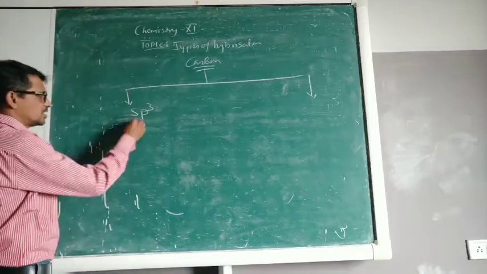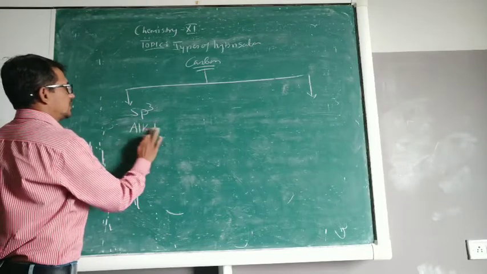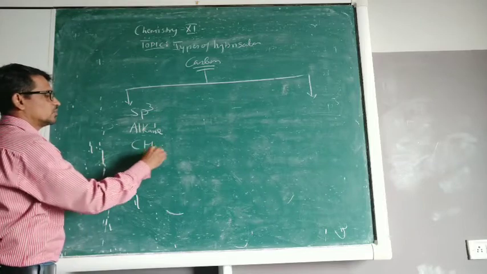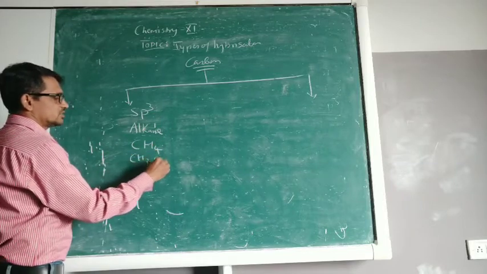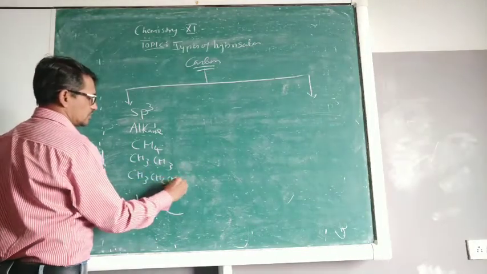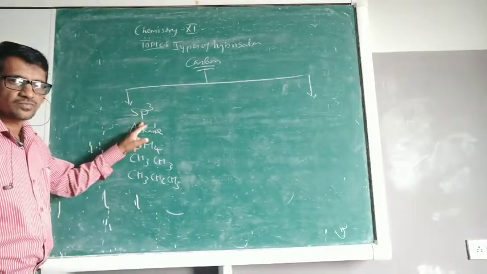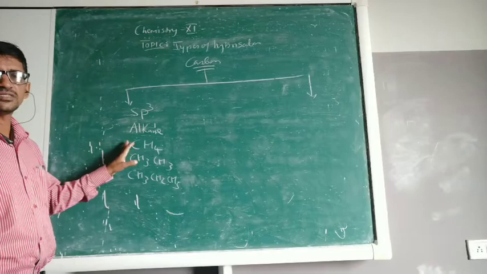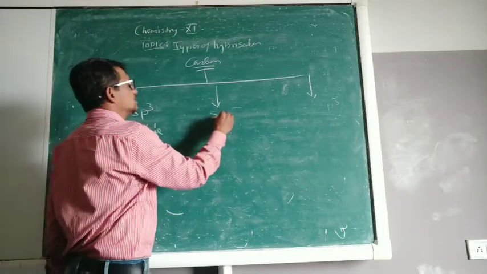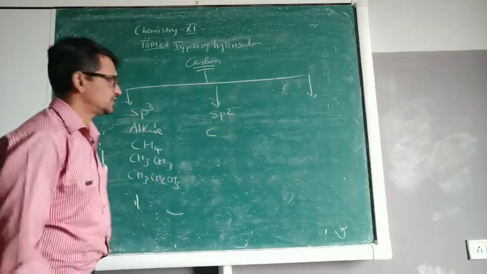In any alkane compound, hybridization is sp3, for example CH4, CH3-CH3, CH3-CH2-CH3. If there is a single bond, then hybridization is sp3. If hybridization is sp2, then the example is alkene.